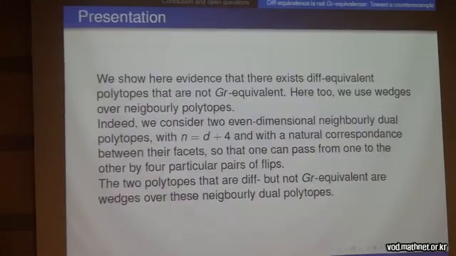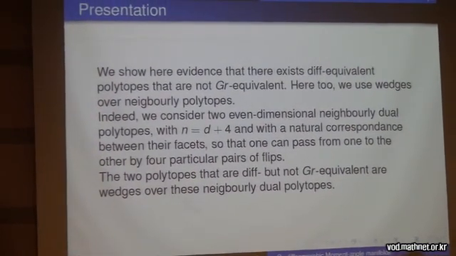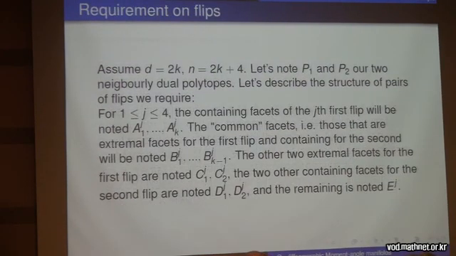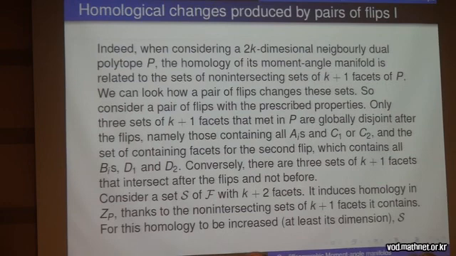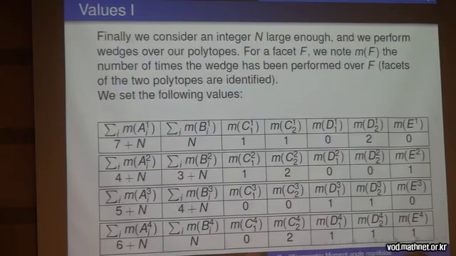So I will finish by two open problems. I just write that I have these problems of finding diffeomorphic but not graded equivalent polytopes. I think I have an idea of how to produce counterexamples.